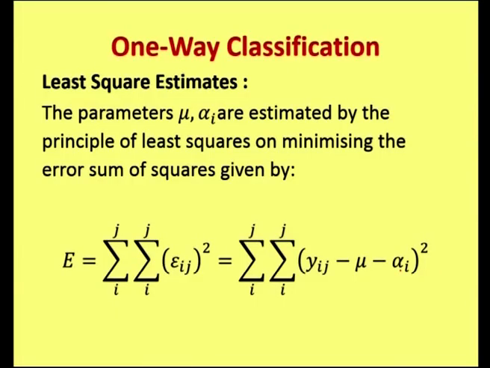And now we will find the least square estimates for the mean mu and the parameter alpha i, and these two are estimated by the principle of the method of least squares by minimizing the error sum of squares given by E, which is nothing but the double summation of epsilon ij the whole squared, obtained from the model defined earlier.